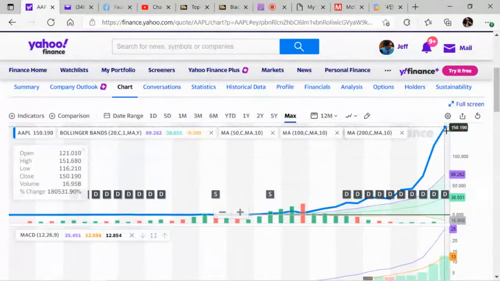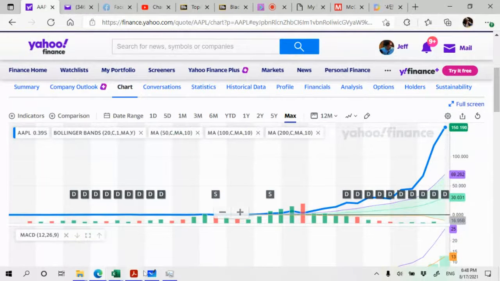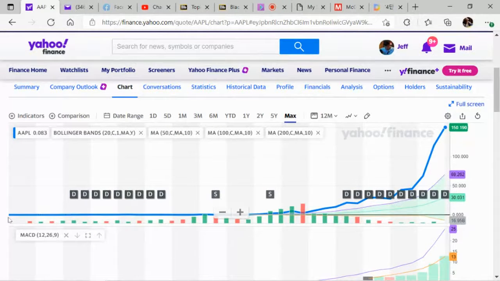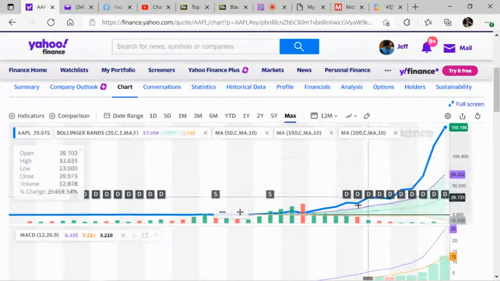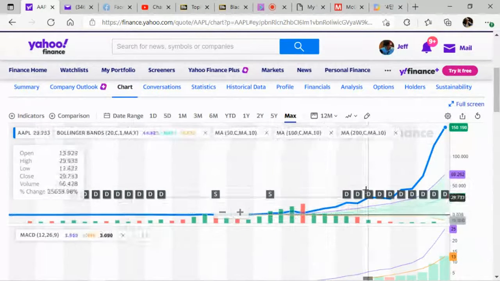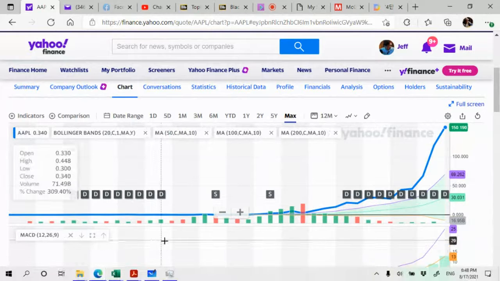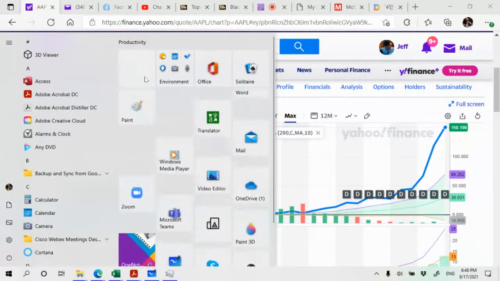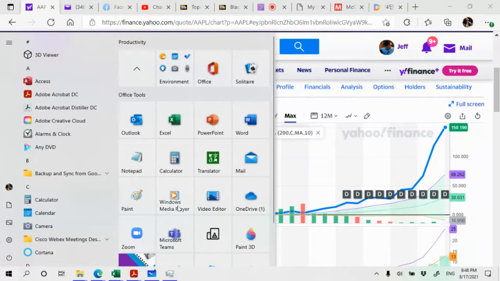Currently it's 150, and it was 10 cents. I mean, it was not 10 cents, it was $10. But I told you, adjusting for the stock splits, it was 10 cents. Then think about it. It's not a difficult thing. It's easy. What kind of return was that?